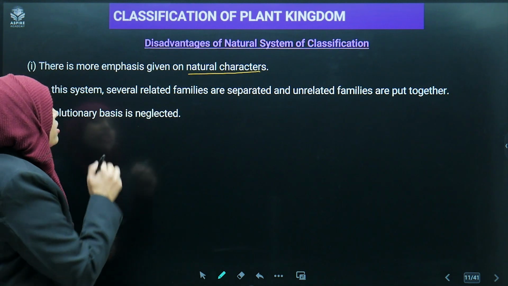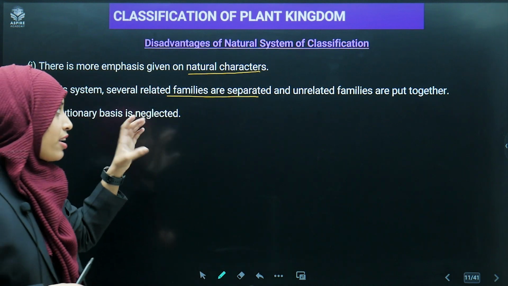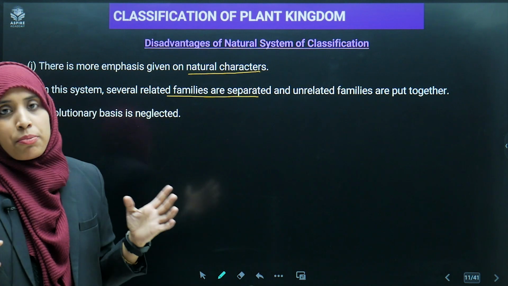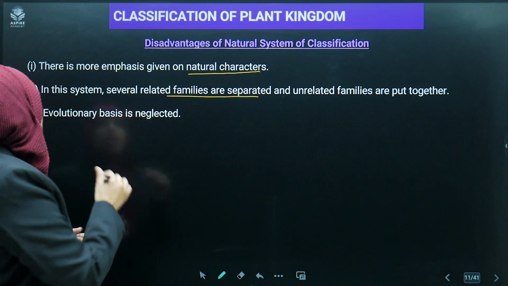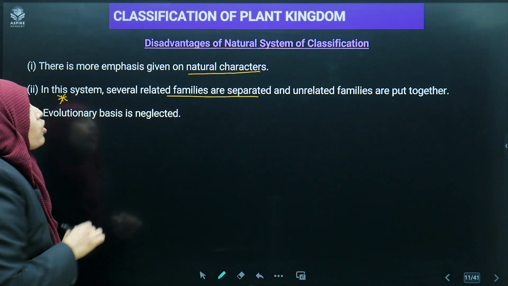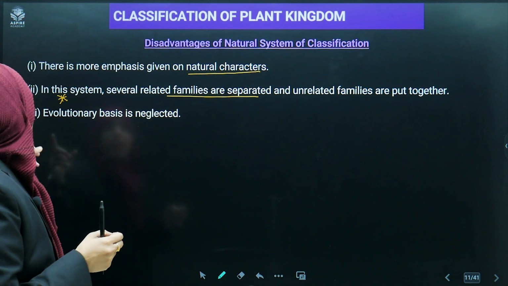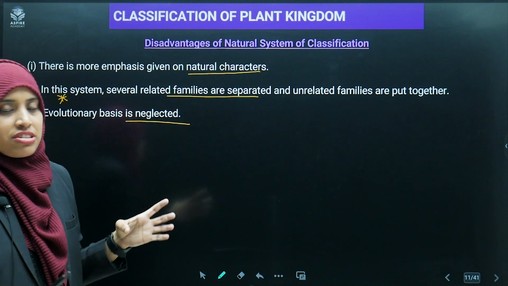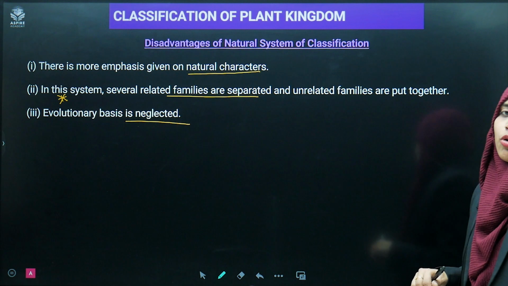So in this system several related families are being separated. बहुत सारे related families भी है, ठीक है, so they were separated and unrelated families they were put together. ये सबसे बड़ा इसका drawback था. Okay, the most important disadvantage. Okay, and evolutionary basis को neglect किया गया in this natural system. So these are the disadvantages of natural system of classification.